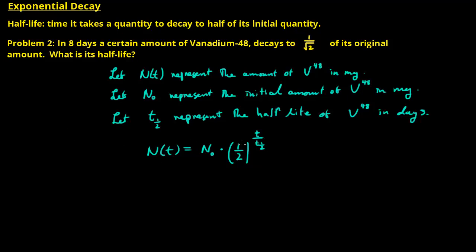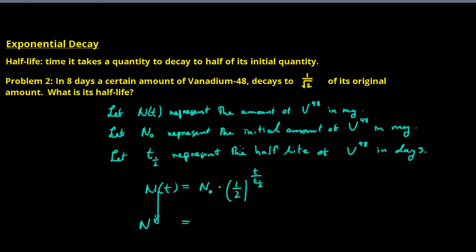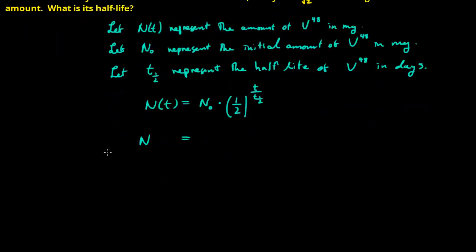So this is a general equation. It's better to just come up with the equation on your own, because if you try to memorize this, you're probably not going to remember this equation. So let's figure out what we know. We know that n of 8, after 8 days, there's 1 over root 2 of the initial amount of vanadium.